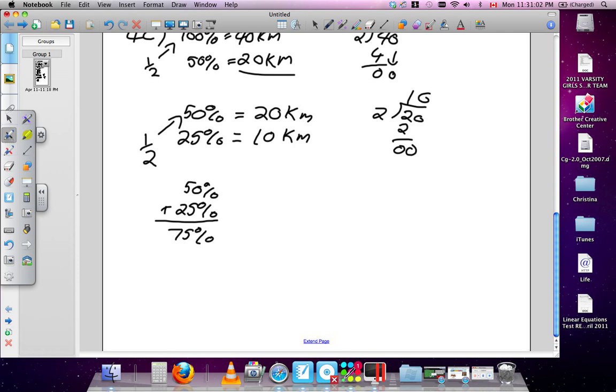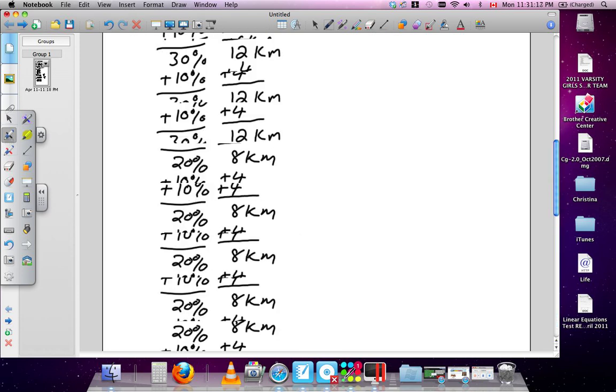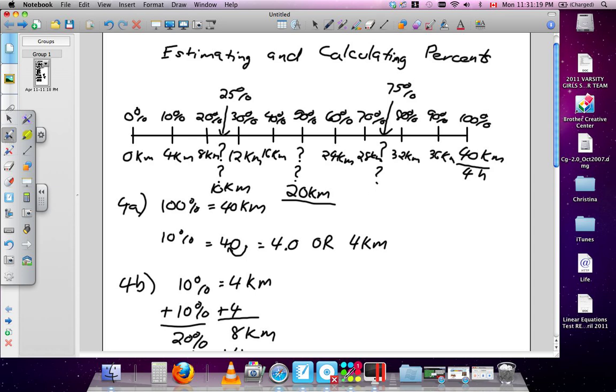So what is 50% equal to? 20 kilometers. And what's 25 equal to? 10 kilometers. 20 plus 10 is 30 kilometers. So 75% is equal to my 30 kilometers. So I go back up here, and this is 30 kilometers. We've now figured out every part of this trip.